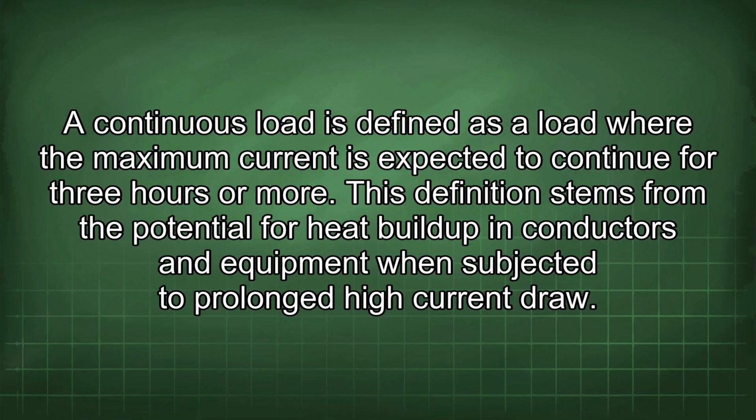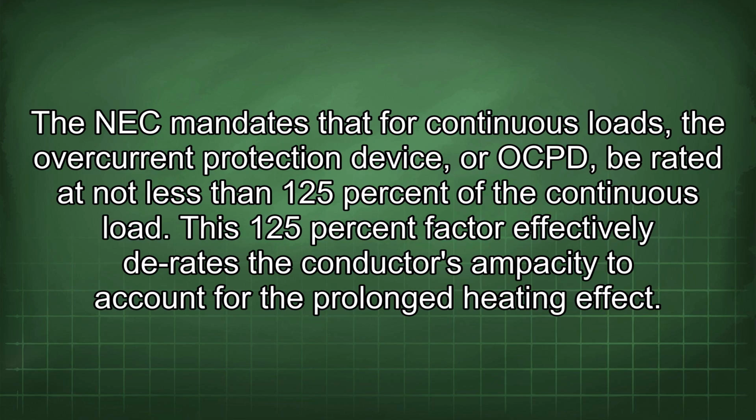This definition stems from the potential for heat buildup in conductors and equipment when subjected to prolonged high current draw. The NEC mandates that for continuous loads, the overcurrent protection device, or OCPD, be rated at not less than 125% of the continuous load. This 125% factor effectively derates the conductor's ampacity to account for the prolonged heating effect.